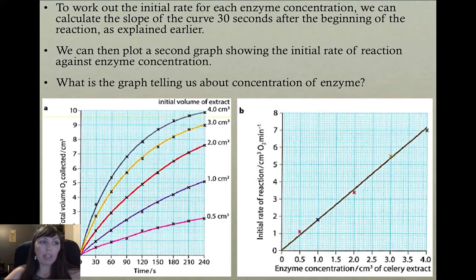So in these conditions, reaction rate is directly proportional to the enzyme concentration. And this is just what common sense says should happen. The more enzyme is present, the more active sites are available for the substrate to slot into. And as long as there is plenty of substrate available, the initial rate of reaction increases linearly with enzyme concentration.